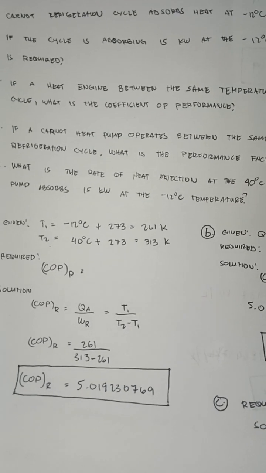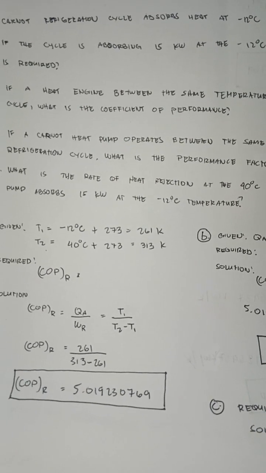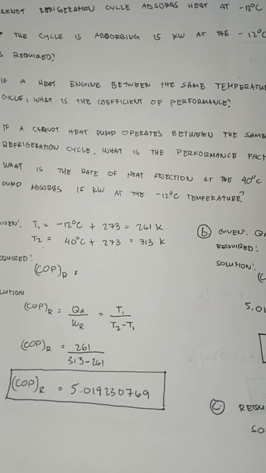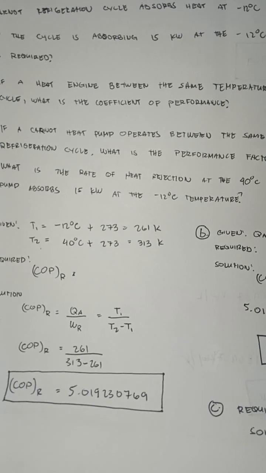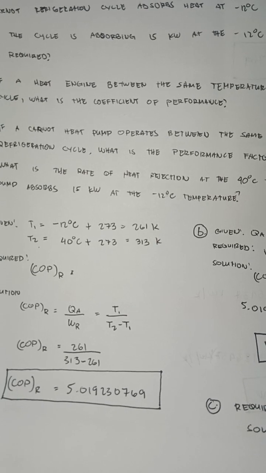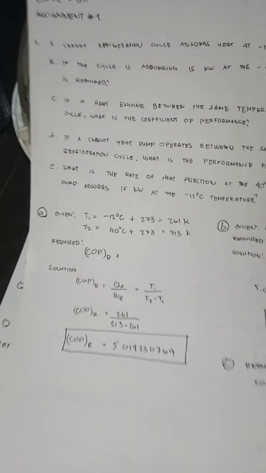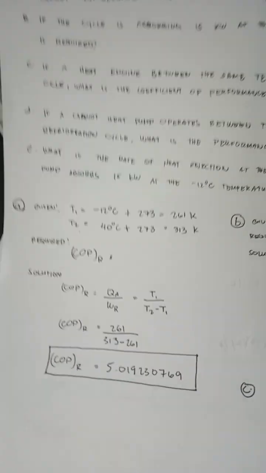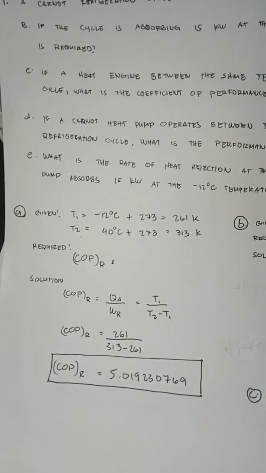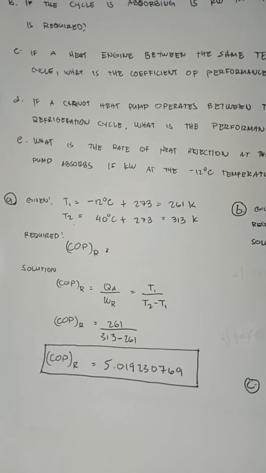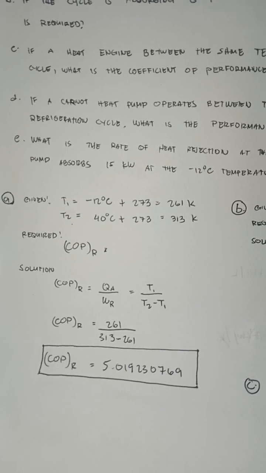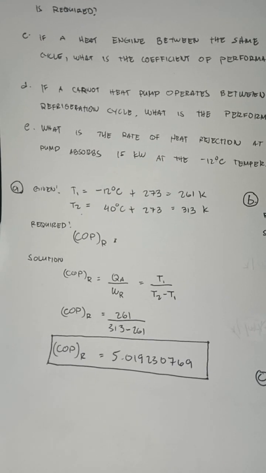Then T2 is 40 degrees Celsius plus 273, which equals 313 Kelvin. Then the required is the coefficient of performance of the refrigeration.